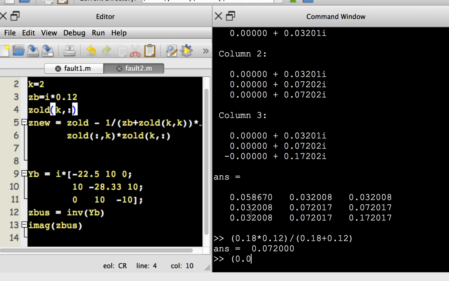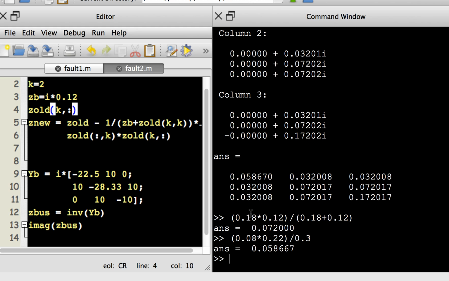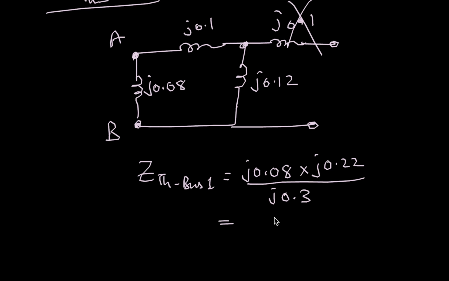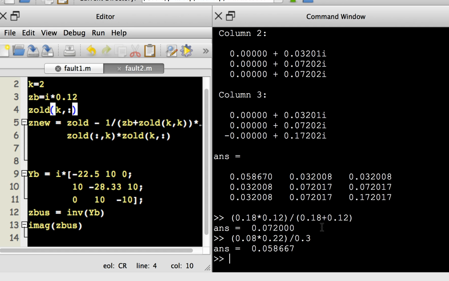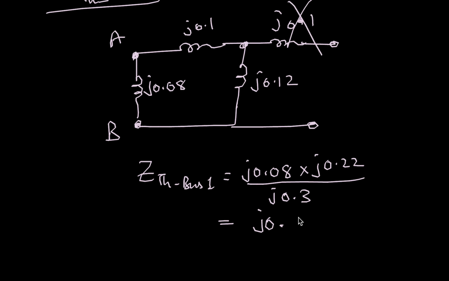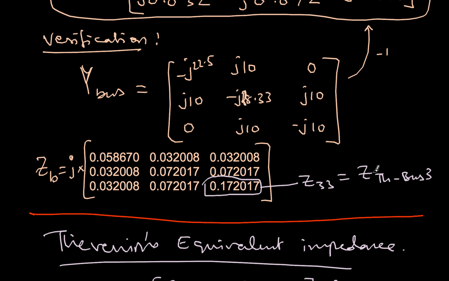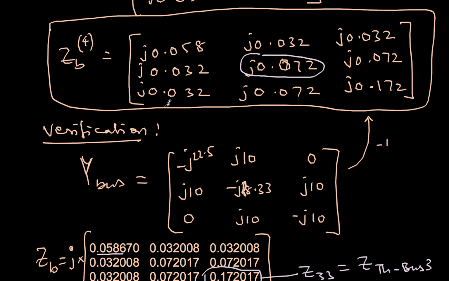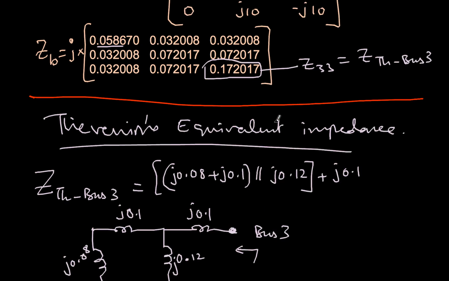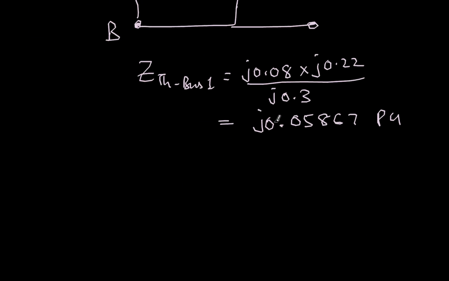So this is 0.08 multiplied by 0.22 divided by 0.3. I'm getting j0.0587 per unit. If I go up and check with my Z bus, it is exactly matching with this 0.0587. It is matching.